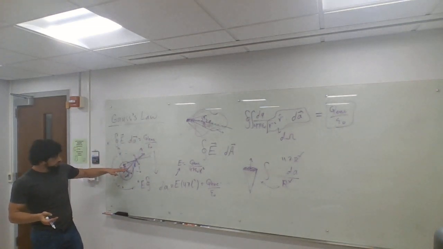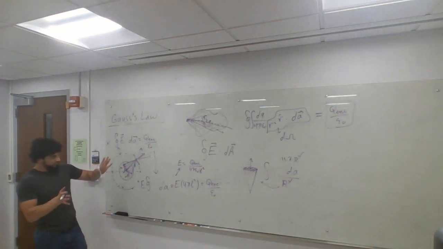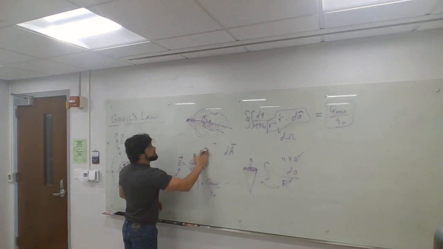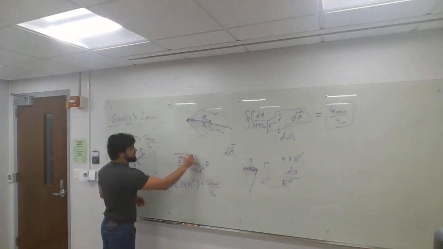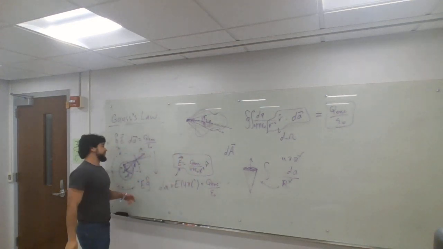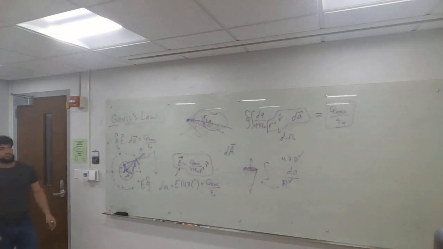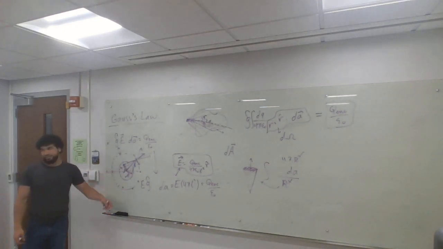Again, by the symmetry of the problem, E is radial outwards. So it's going to be in the R hat direction. So that's the electric field in our case. For spherical symmetry, that's going to be our one, like over L squared or something. Except if we are inside, it's something else.